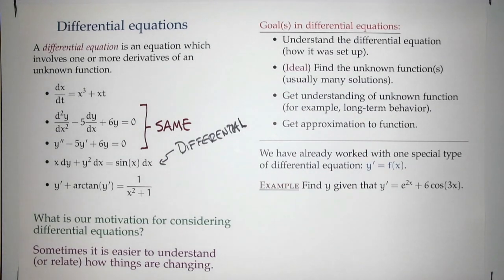Now, we have worked with one very special type of differential equation in calculus, namely y prime equals f of x. Now, is this a differential equation? Yeah, there's a derivative. So it is a differential equation. How do you solve it?